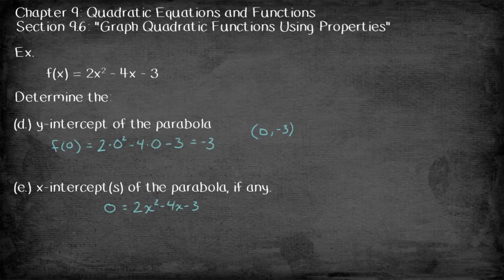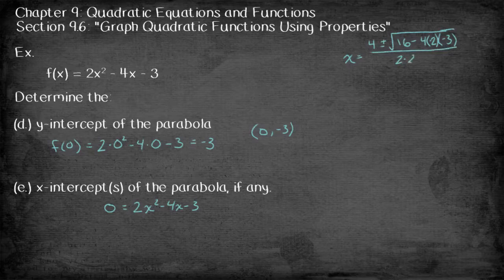We can do this with the quadratic formula if we like. Negative b, so this would be +4, plus or minus the square root of b squared minus 4 times 2 times -3, all over 2 times 2. Then we just simplify.